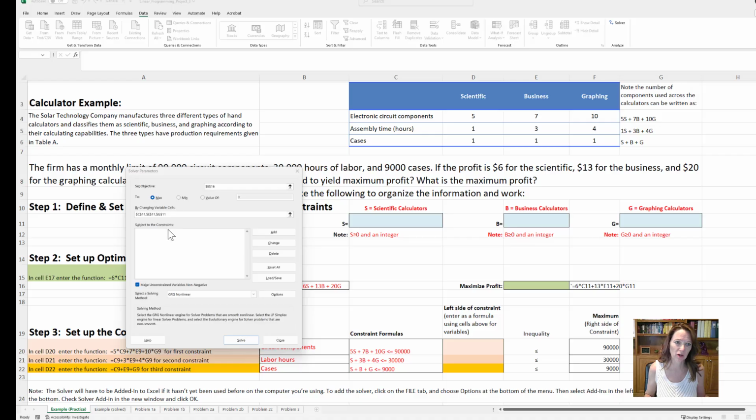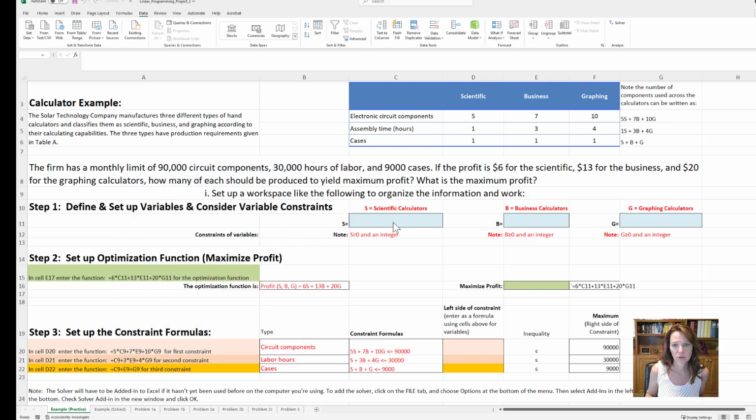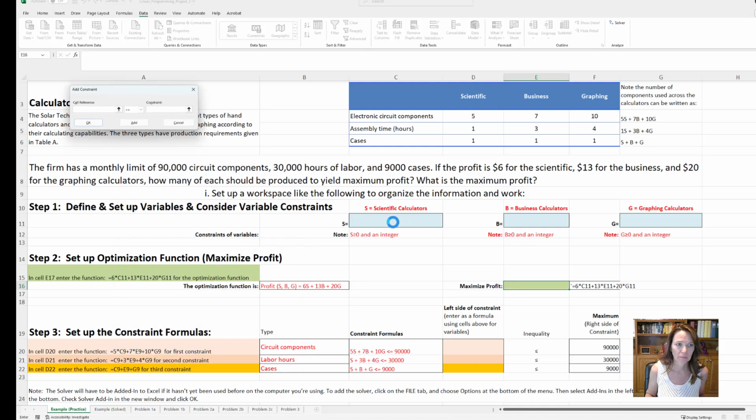Okay, so now let's add our constraints. The constraints that aren't written that we had to determine on our own was that the scientific calculators are greater than 0 and an integer. So I'm going to add, and then I'm going to highlight my scientific calculator cell. And then for the greater than, I need to change it to greater than or equal to 0. Add my second constraint. Again, select that same cell, and then this time I'm going to select int for integer.